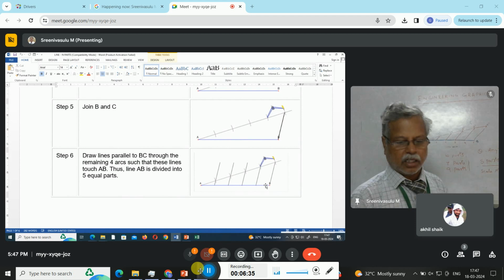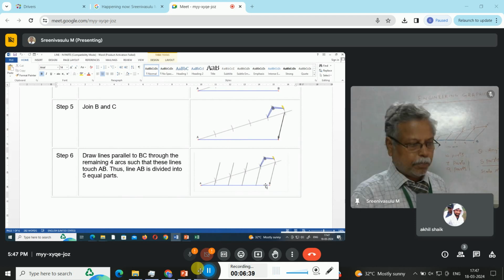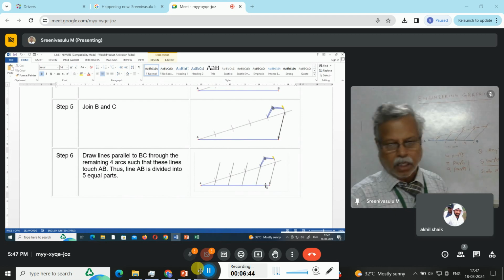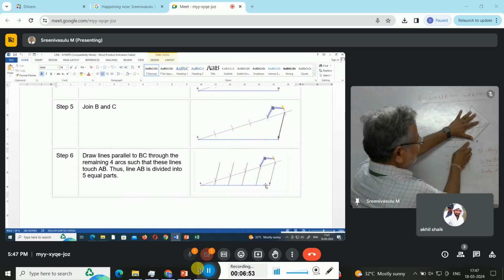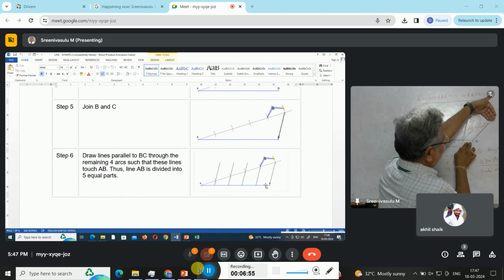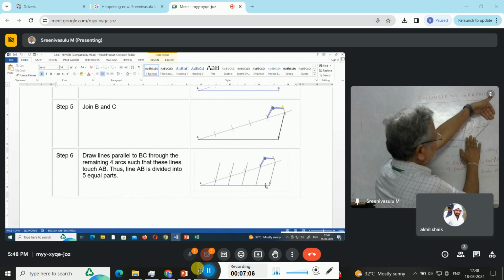You may have a query on how to draw parallel lines. There is a provision for you. You can use either a drafter or your set squares. See, when I keep this particular set square like this, and keep another set square tied to this, then keeping this at this particular position, if I move only this, wherever I move, I will get only parallel lines.